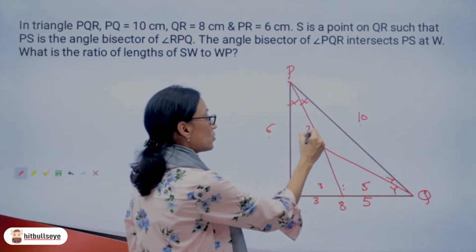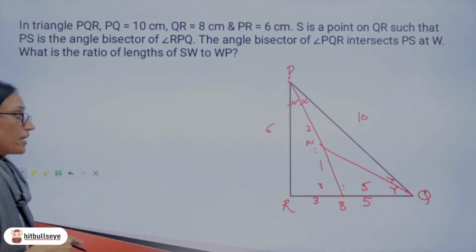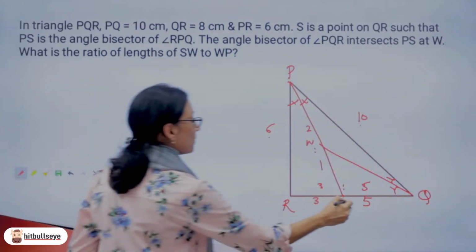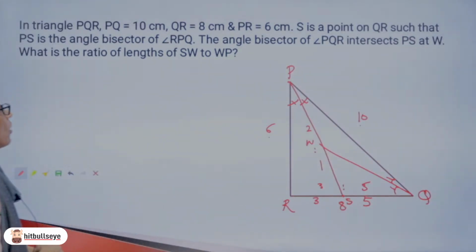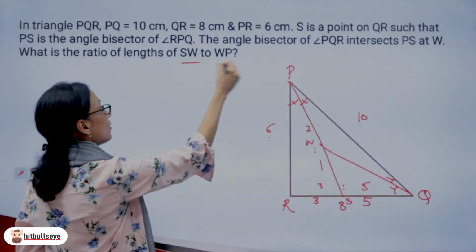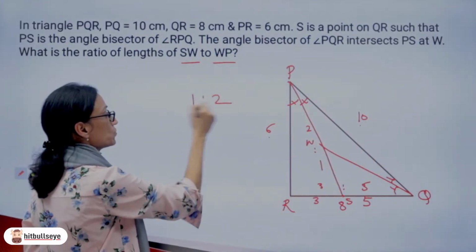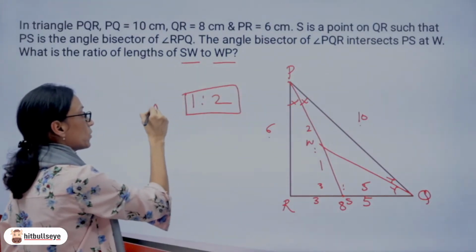So these two are also going to be in the same ratio, 2:1. But be very careful, the question is talking about the ratio of SW to WP. So the ratio of SW to WP is going to be 1:2. So that is the required answer.